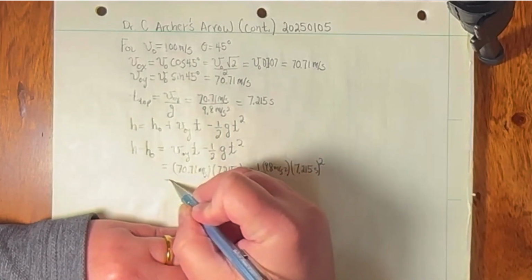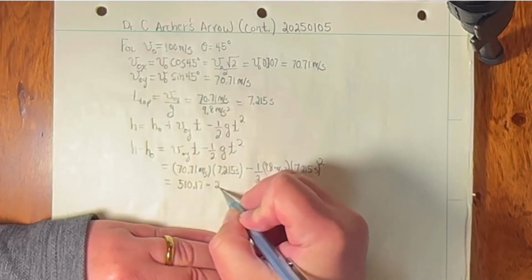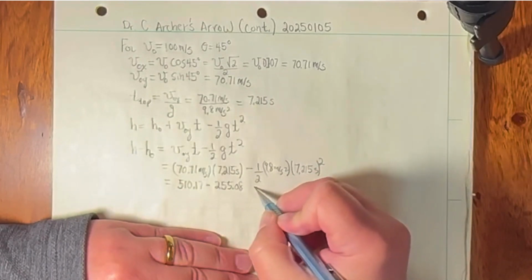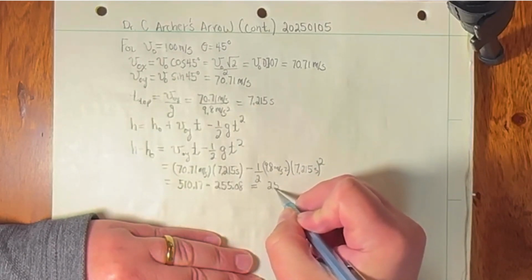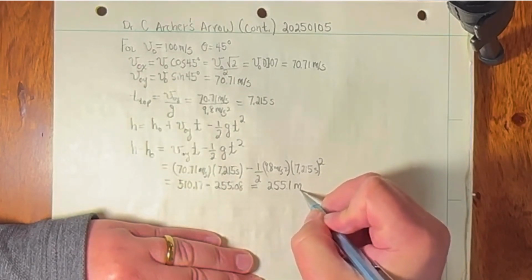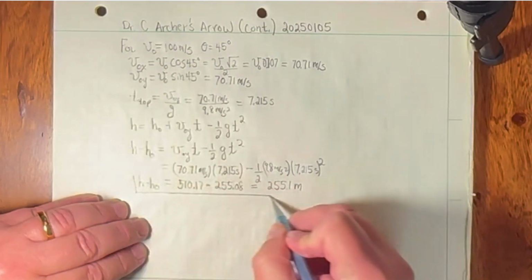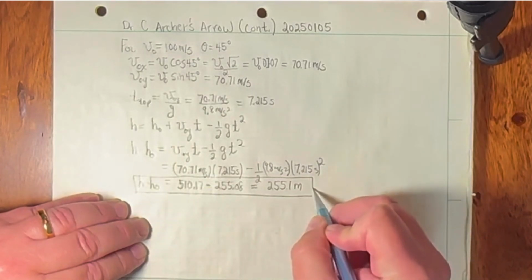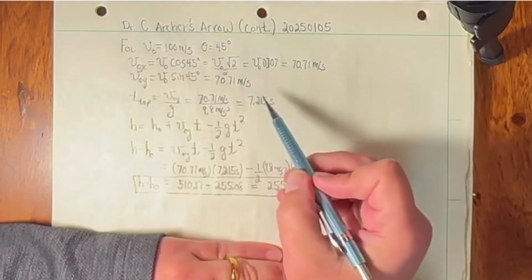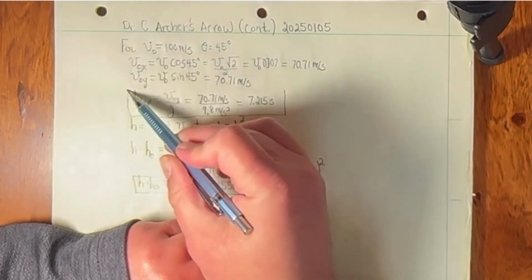When we do this, we get 510.17 minus 255.08, which is equal to 255.1 meters. So that's h minus h naught. It went 255.1 meters high from the launch point. It took 7.215 seconds to get to the top.